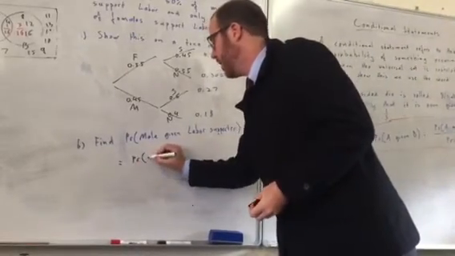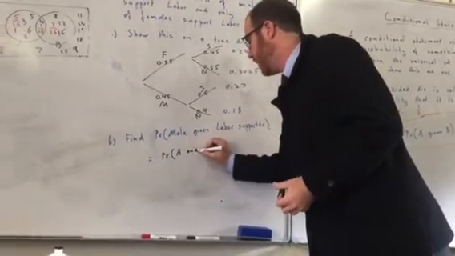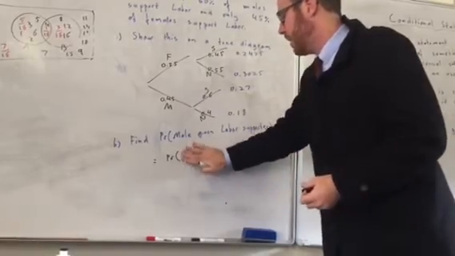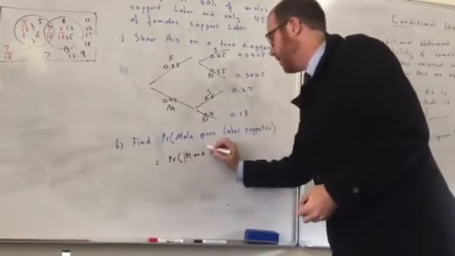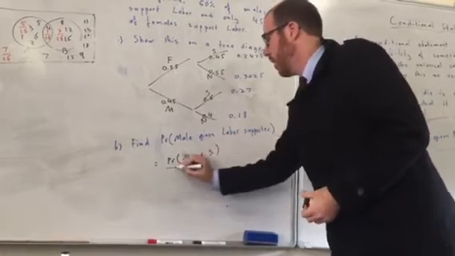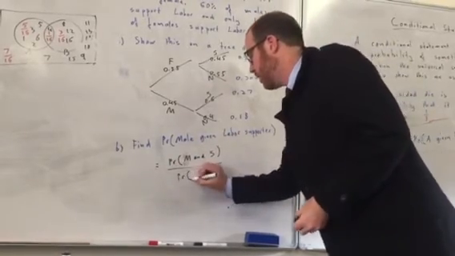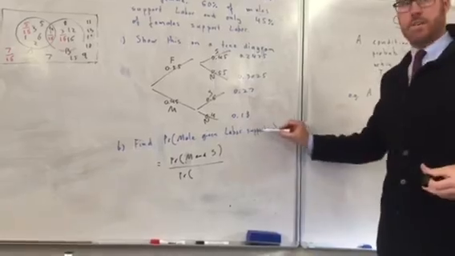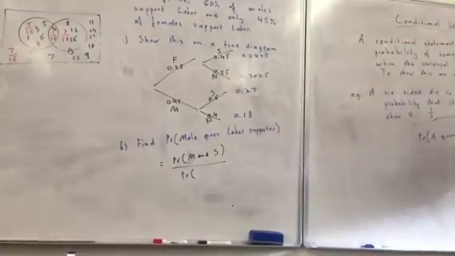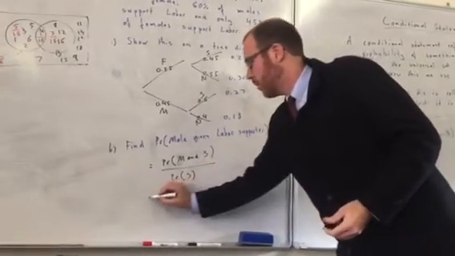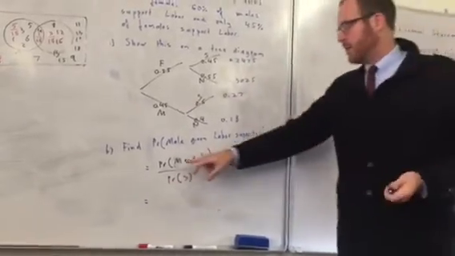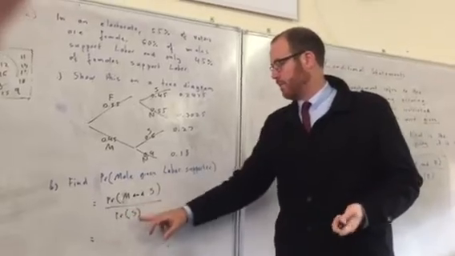It's equal to the probability of A and B over the probability of just the given one. So it's the probability of being a male and a supporter over the probability of just being a supporter.